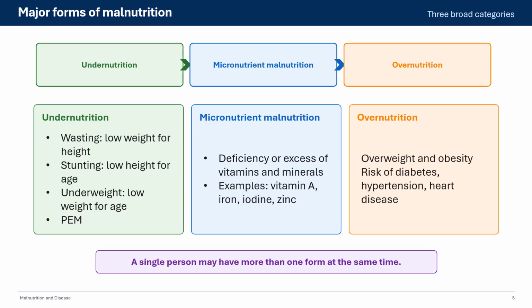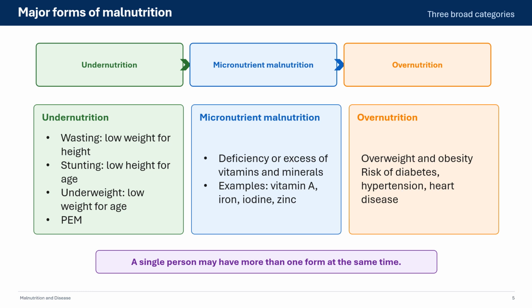Now, based on its causes, malnutrition can be classified into three major categories. Category A is undernutrition, which occurs when the body does not receive enough nutrients, leading to wasting, low weight for height, stunting, underweight, or protein energy malnutrition.